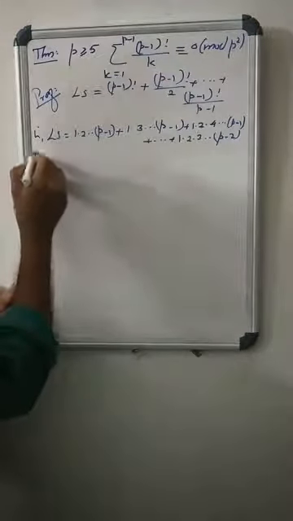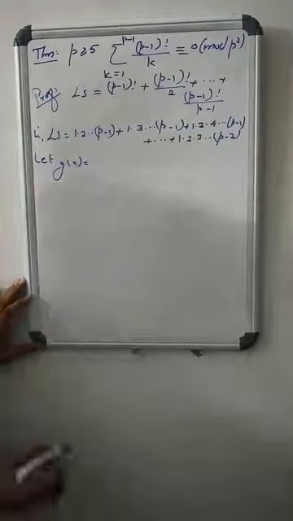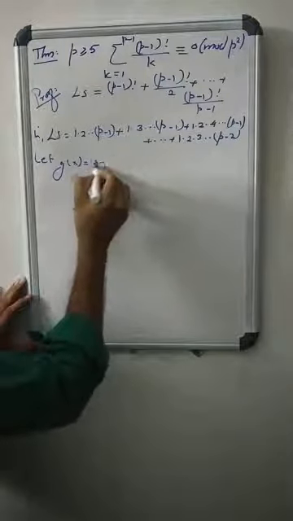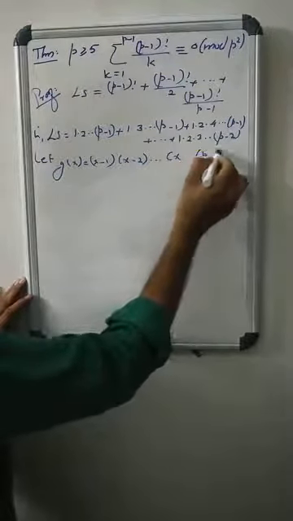Now let us define a polynomial. Let g of x equal (x minus 1) into (x minus 2) into etc. into (x minus (p minus 1)).